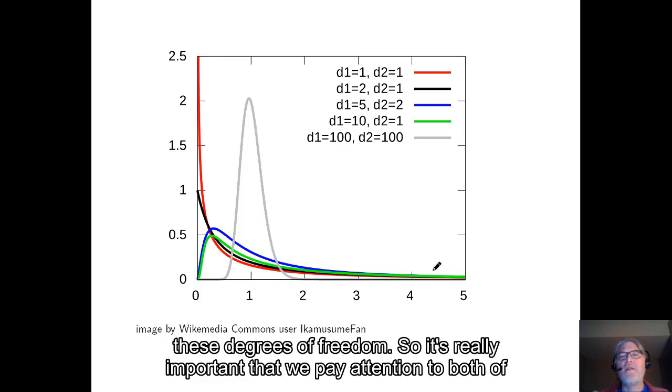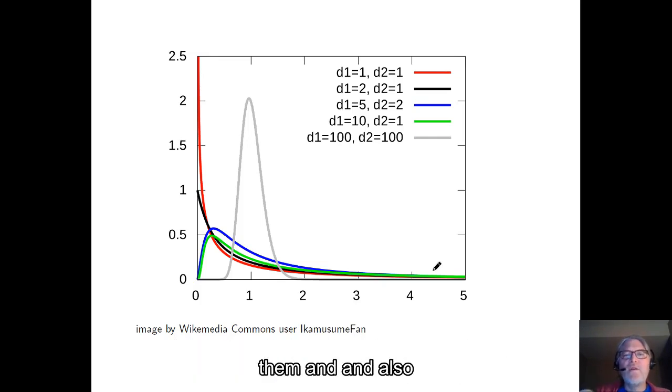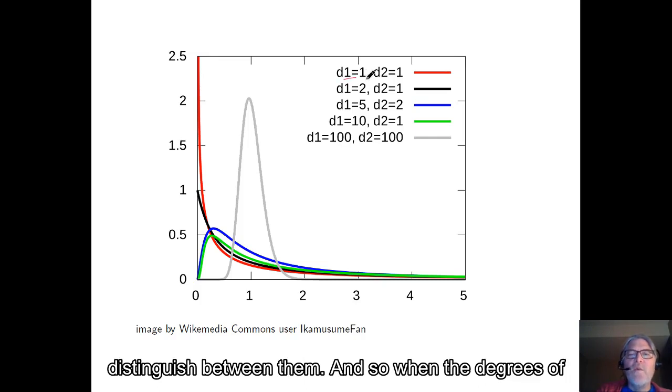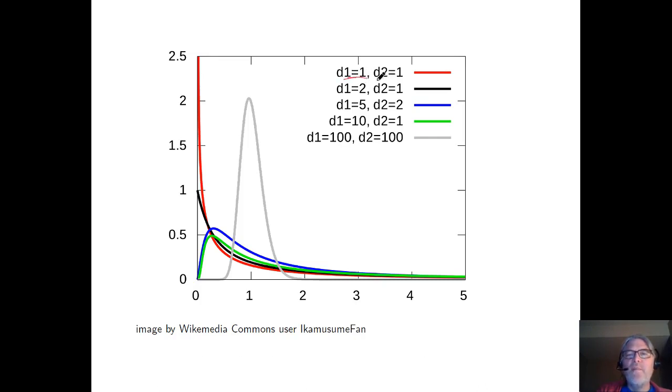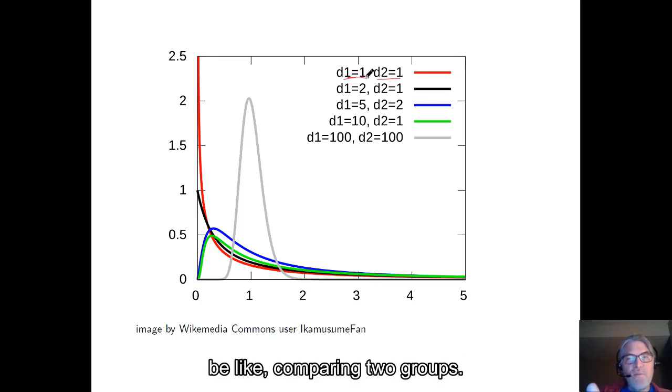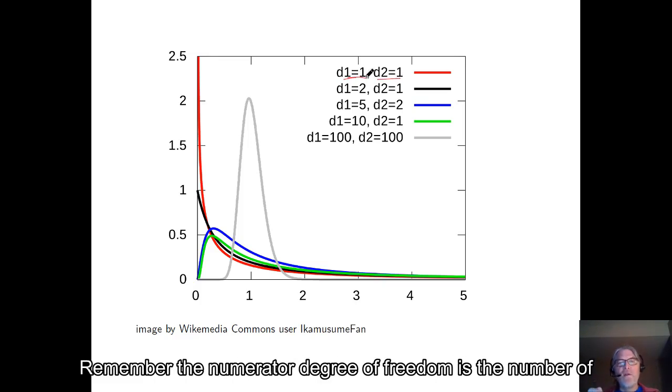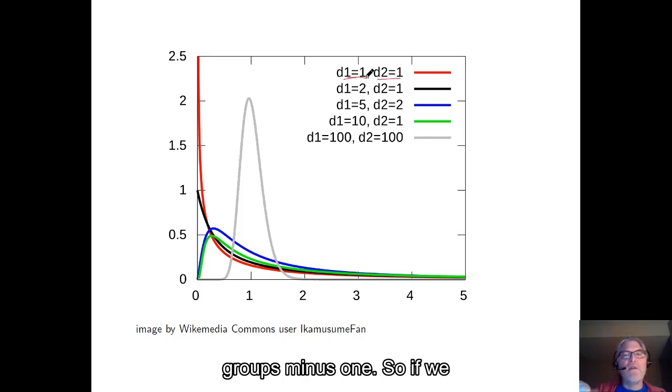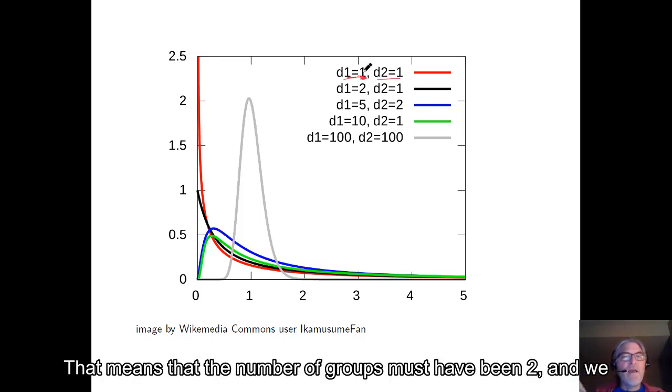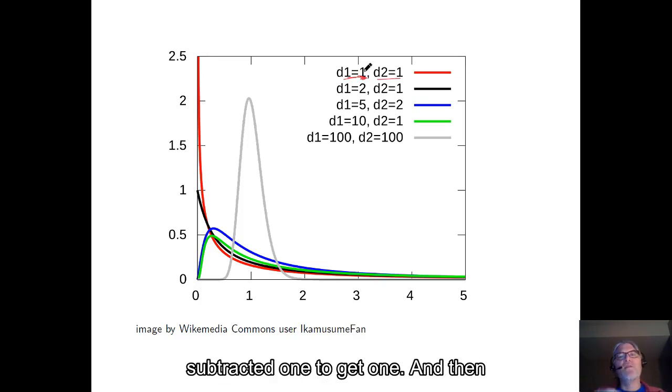So it's really important that we pay attention to both of them and also distinguish between them. When the degrees of freedom are really small, df1 of 1 and df2 of 1, this would be like comparing two groups. Remember, the numerator degree of freedom is the number of groups minus 1. So if we see a numerator degree of freedom of 1, that means that the number of groups must have been 2, and we subtracted 1 to get 1.